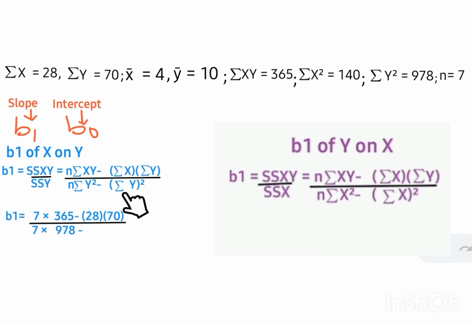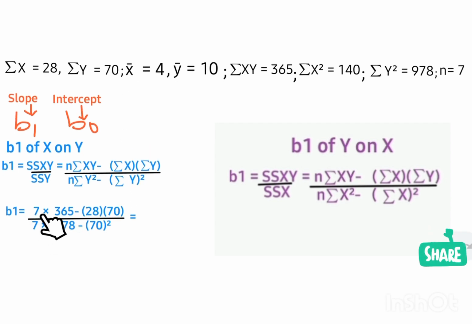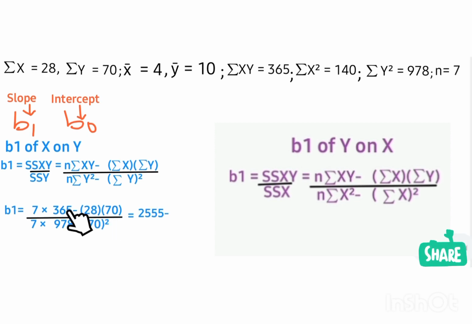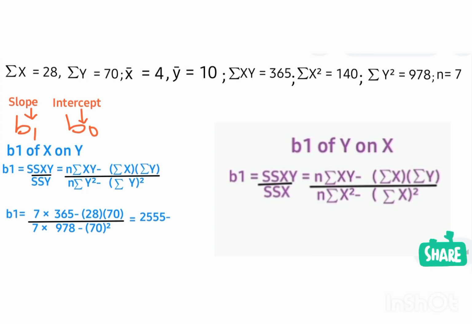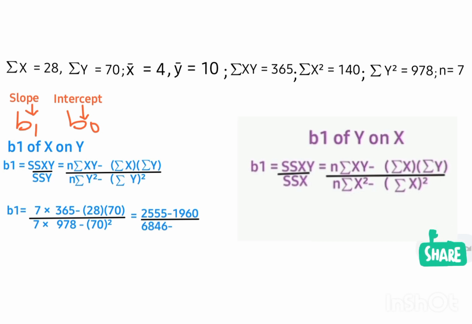Summation y is 70, so we have 70 square here. Going forward, we have 7 times 365 of course gives 2555. We have minus here, 28 times 70 gives 1960, over 7 times 978, 6846. We have minus here, 70 square gives 4900.